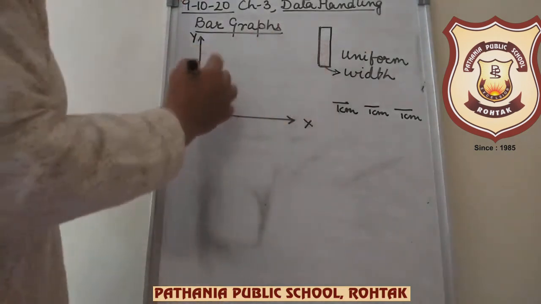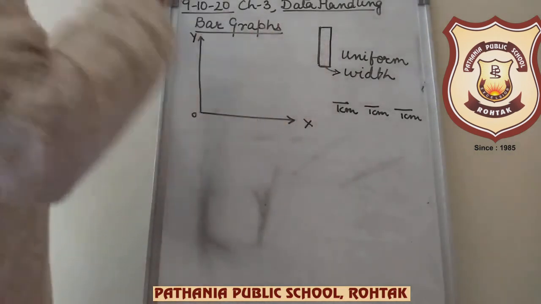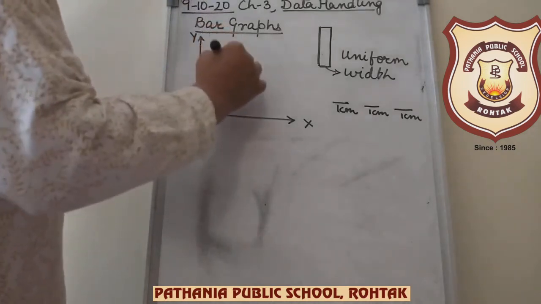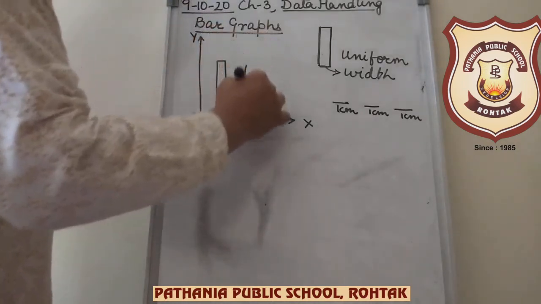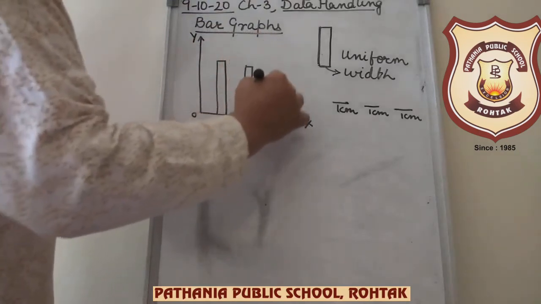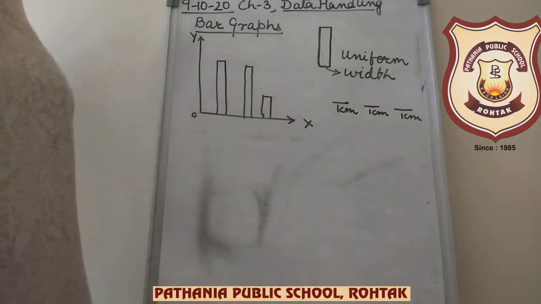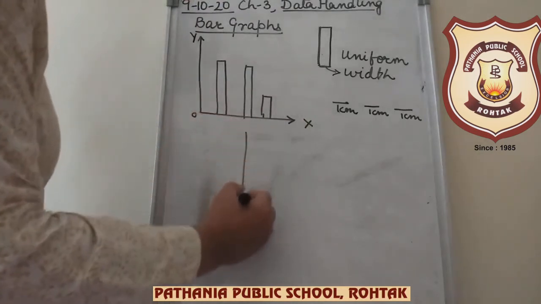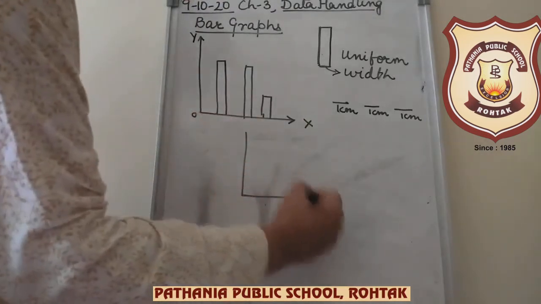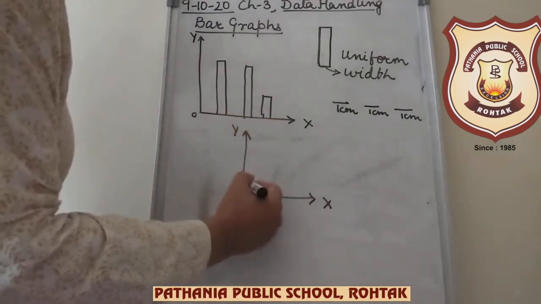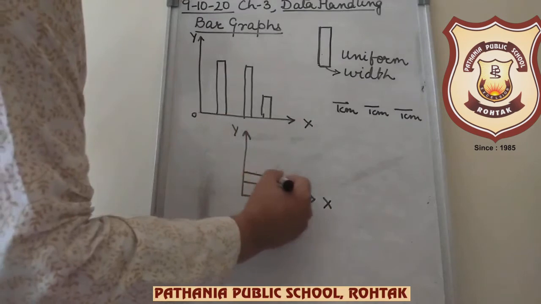Now the bars can be drawn vertical. You can draw vertical bars or you can draw horizontal bars.